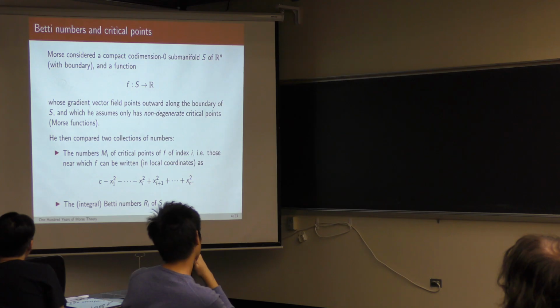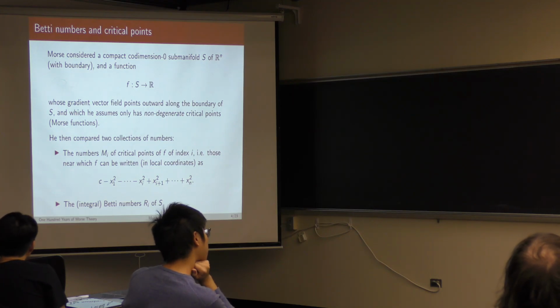And the other collection of numbers is the integral Betti numbers. Of course, this was at the time when the definition of homology was just being crystallized.